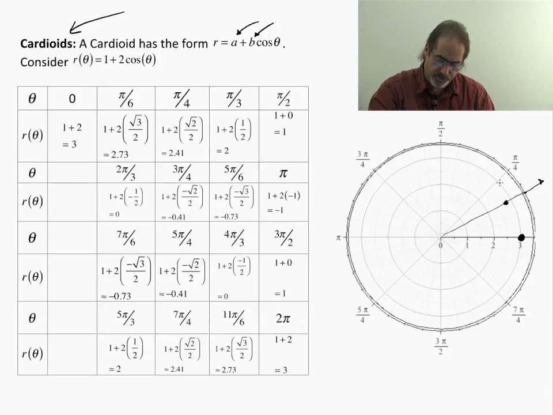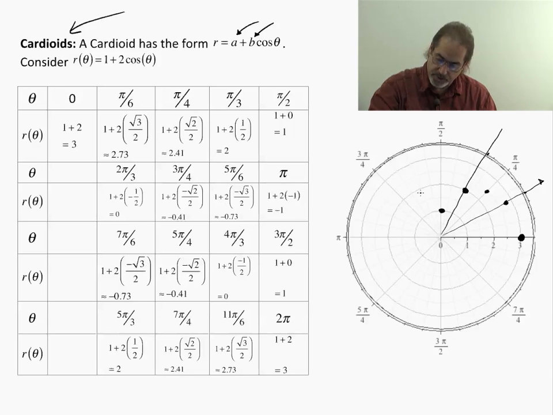At pi over 4, I'm going to be at approximately 2.41, which is roughly here. At pi over 3, which is right about here, it's going to be at 2, so I'm going to be at the 2 ring. At pi over 2, I'm going to be at 1, so I'll be here at the 1 ring.